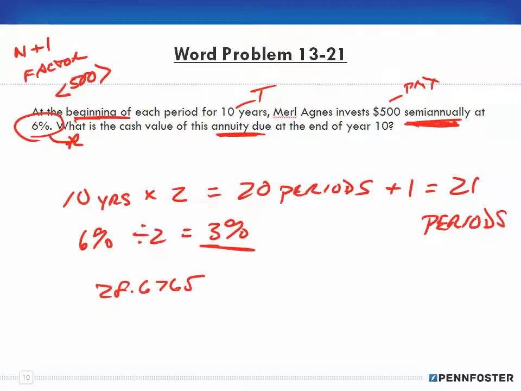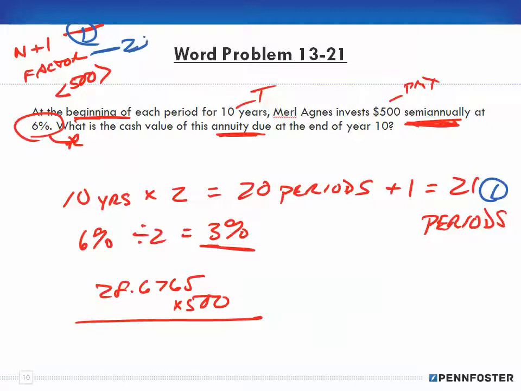The factor, when I look up 21 periods at 3%, ends up being 28.6765. We multiply that factor by the $500. So here was step number 1, where we increased the number of periods by 1, and now we're looking at the factor, step number 2. We multiply by the factor and end up with 14,338.25.